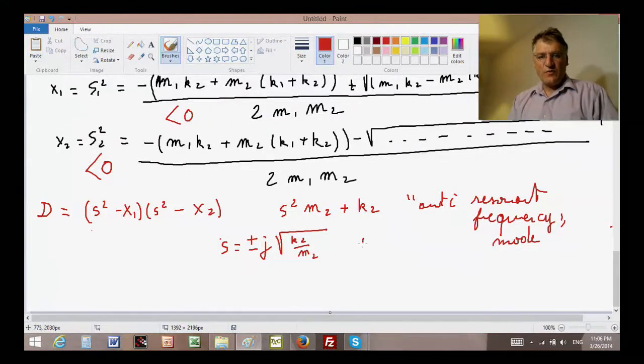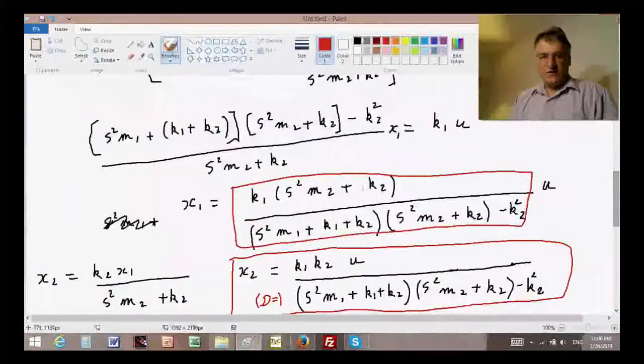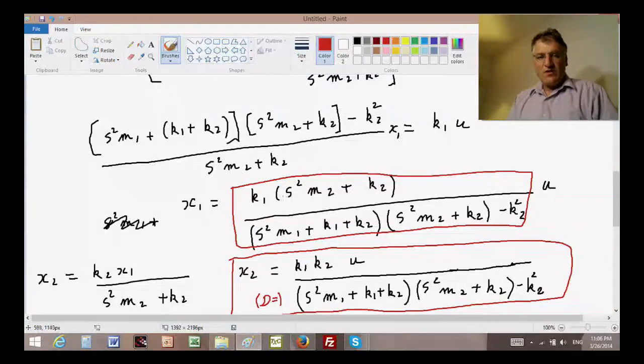And therefore, when omega, the exciting frequency, is exactly equal to square root of k2 over m2, the corresponding frequency response is 0. Because this term goes to 0.